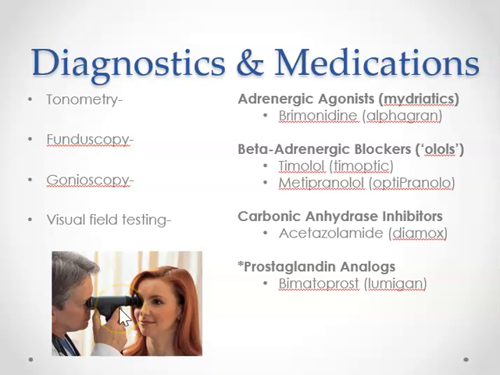And gonioscopy, that is used to determine if it's open angle or closed angle. So that's how you differentiate between the two. And then visual field testing, that's going to identify the degree of central visual field narrowing and peripheral vision loss. A patient with glaucoma may retain 20/20 central vision, but be altered in the periphery.